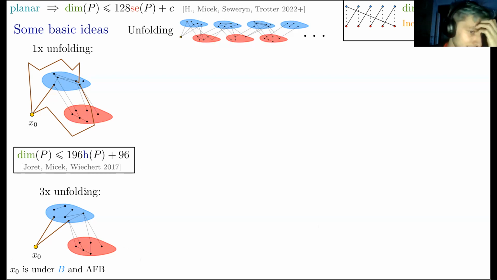So we are now in a very nice setting of having this blue blob with a unique minimal element and these red elements hanging. By B I mean blue, by A I mean red.